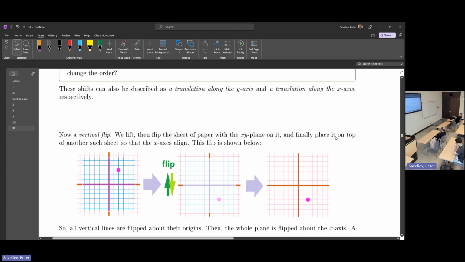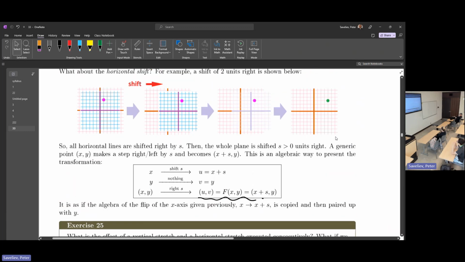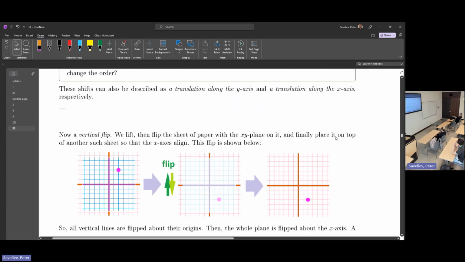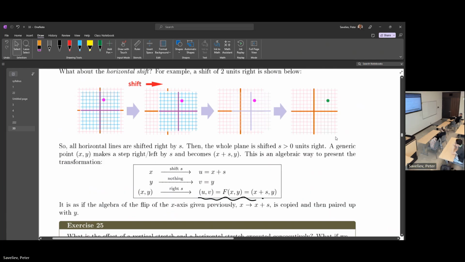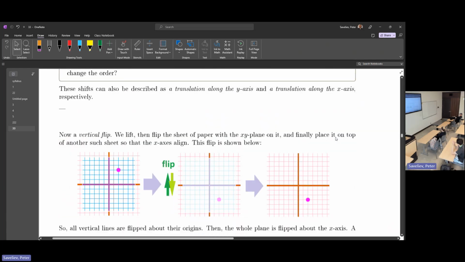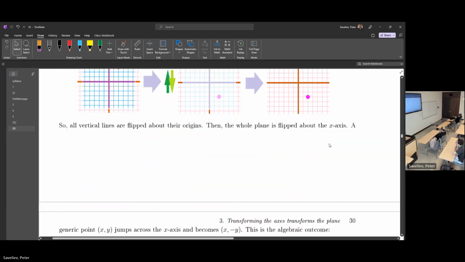Okay, this is the flip. So we're still doing everything horizontal. This one is, hold on a second, why is it? This is a horizontal shift, and this is for some reason a vertical flip. Okay, well, whatever. A vertical flip. So once again, a piece of paper flips on its other side, and then you can see where that violet point went.